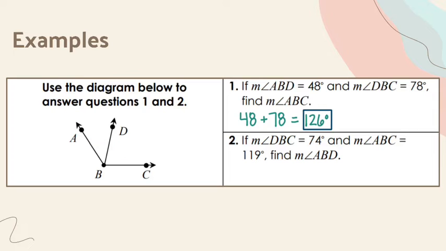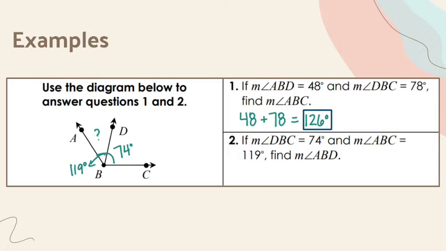Then we are going to erase this and look at number 2. If the measure of angle DBC is 74 degrees, and the measure of angle ABC, so the whole thing, is 119, then find the measure of angle ABD.